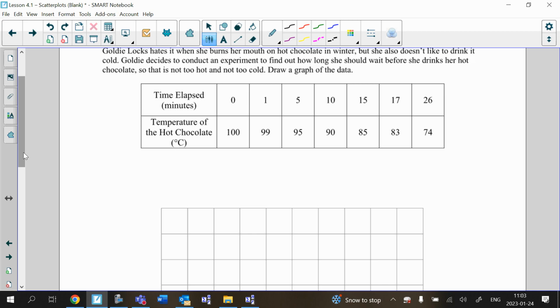So we could say, time compared to hot chocolate temperature. Hot chocolate temp.